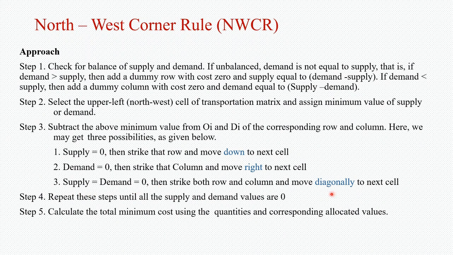Supply is equal to demand is equal to 0, then strike both row and column and move diagonally to the next cell. Step 4. Repeat these steps until all the supply and demand values are 0. Step 5. Calculate the total minimum transportation cost using the quantities and allocated values.